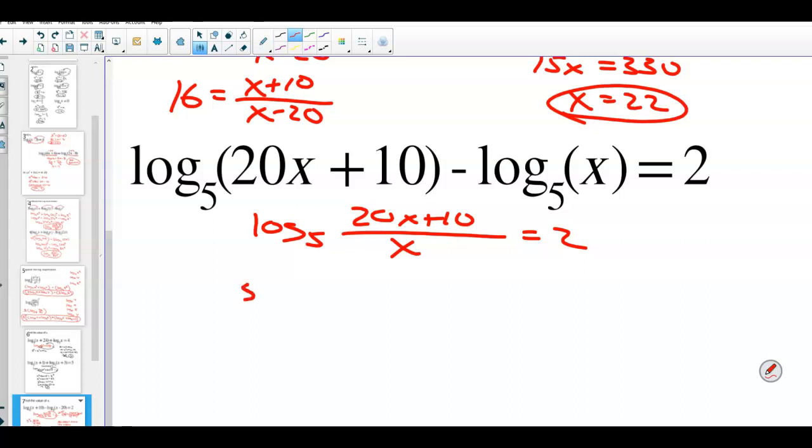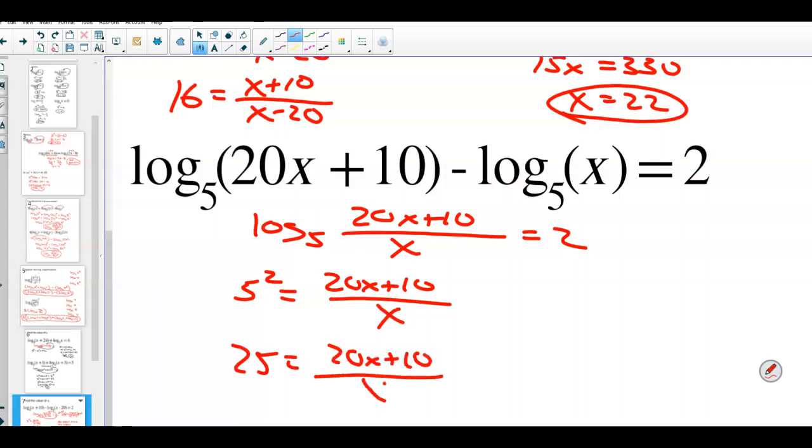Now, that means 5 squared equals 20x plus 10 over x, which means 25 equals 20x plus 10 over x. So I move it over here so I have a little more room. 25 equals 20x plus 10 over x. I'm multiplying both sides by the denominator.